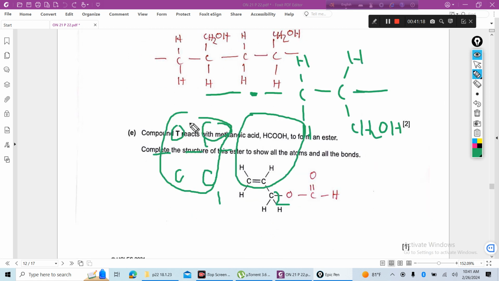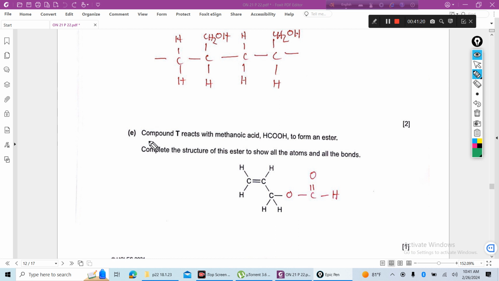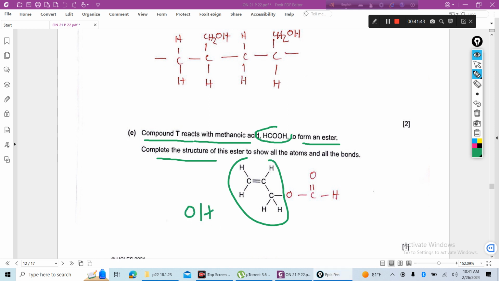Now compound T is an alcohol, it reacts with methanoic acid, HCOOH, to form an ester. Complete the structure. So up to this is given, then the alcohol will lose the OH group, the acid, methanoic acid, will lose 1 hydrogen.